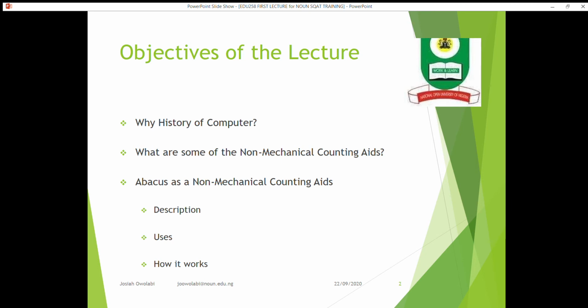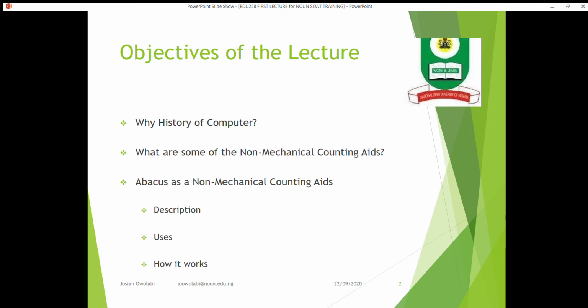Then secondly, we need to ask another question. Where did the computer start from? At what point in time did we shift from the former to the new? Just like we are shifting now, we are talking about new normal after post-COVID-19. How did it all start? The invention of the computer, from where did it start?